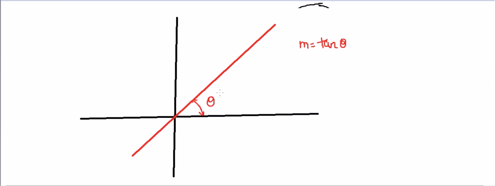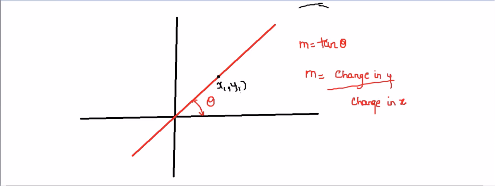And we all know there is another formula for calculating the slope of a line, the two-point formula, which is used when a line is joining two points. It's given as m equals change in y over change in x. Suppose there are two random points, x1 comma y1 and x2 comma y2.